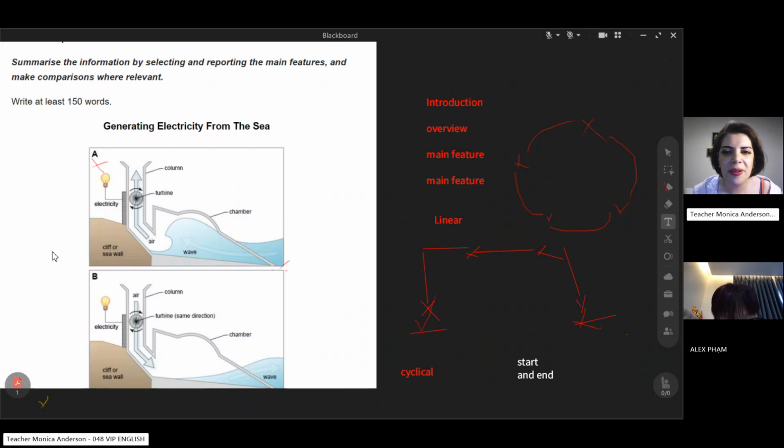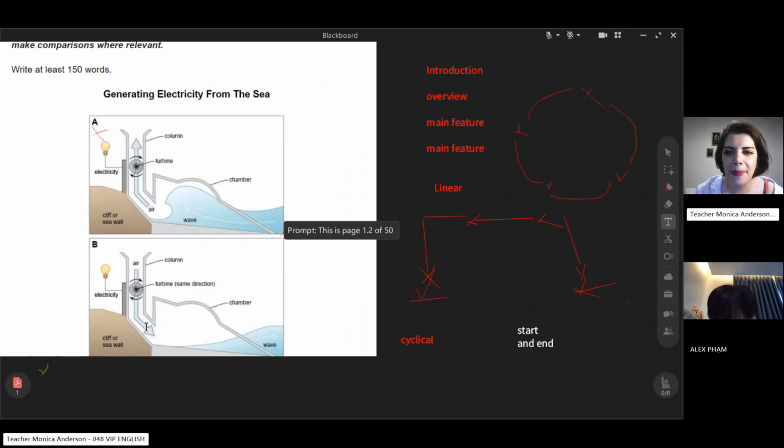Can you tell me? How many stages? 2. Yeah. 2, of course, 2. Very good. So it's really easy. There are only 2 stages.